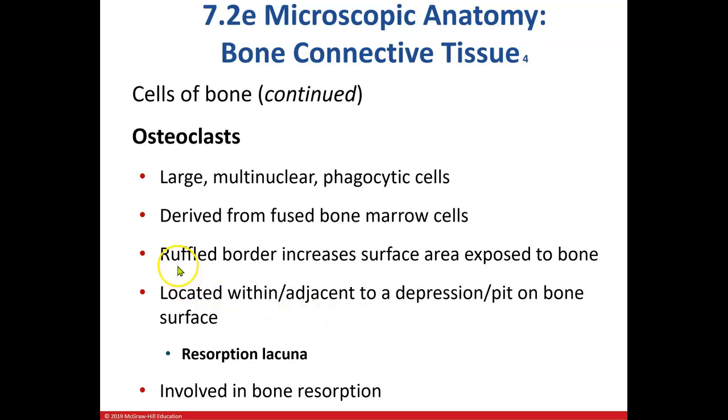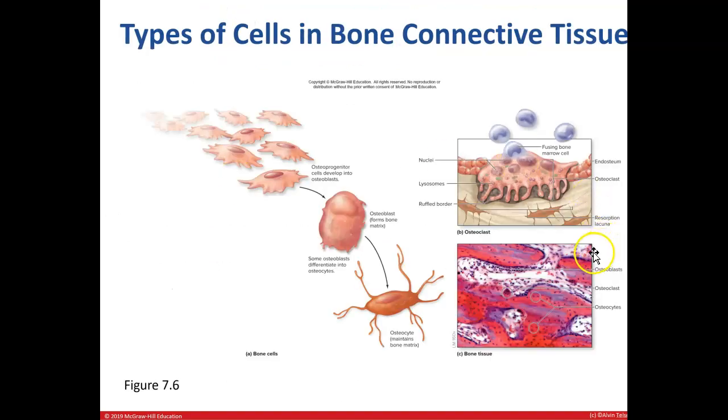So we'll see that these osteoclasts have a shape that once again increases their surface area to expose bone. So if they're going to have an increased surface area, what would you expect their shape to be? Let's take a look. So here are our osteoclasts, and they are going to be kind of a ruffly shaped cell that increases the surface area.